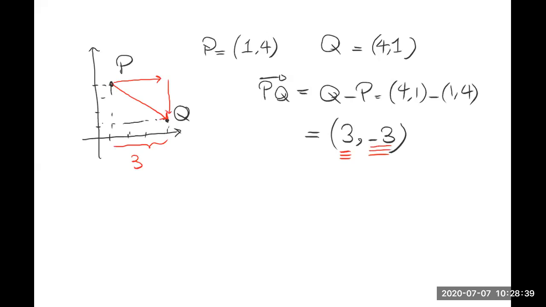So these numbers, the first component, which is the x component, and the second component, which is the y component, tell you the displacement of this vector. This vector in the x direction goes forward by 3. In the y direction, it goes down by 3. Does that make sense?